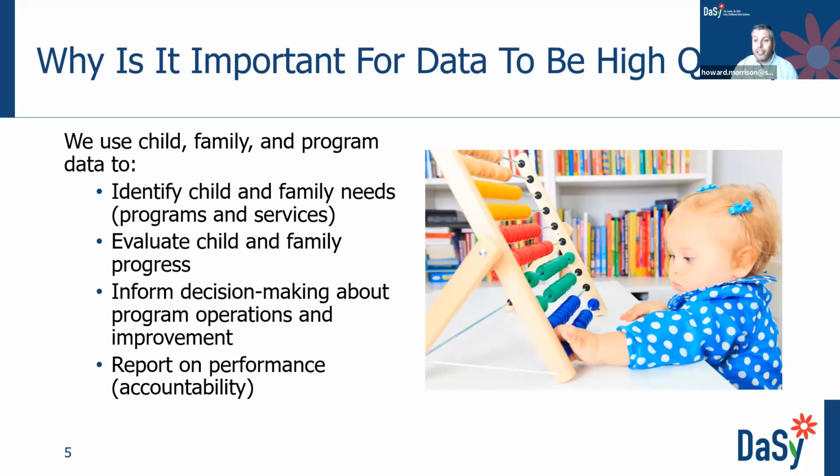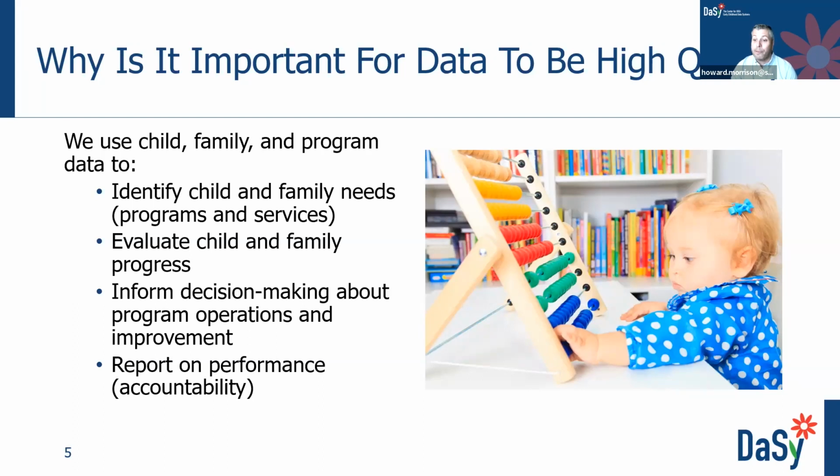We use quality child, family, and program data to ensure eligible children with disabilities and their families are receiving the appropriate programs and services. High-quality data also helps us evaluate how children and families are doing and to identify what additional supports they may need. Having quality data also allows leaders at the local, regional, and state level to make informed decisions about program operations and improvement.